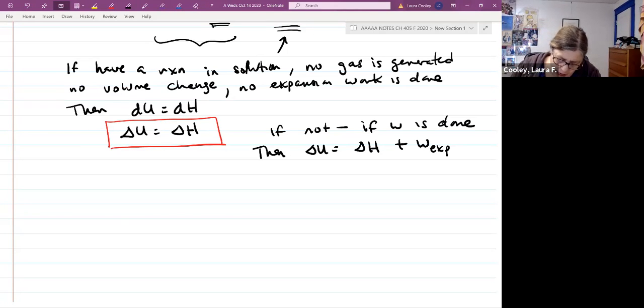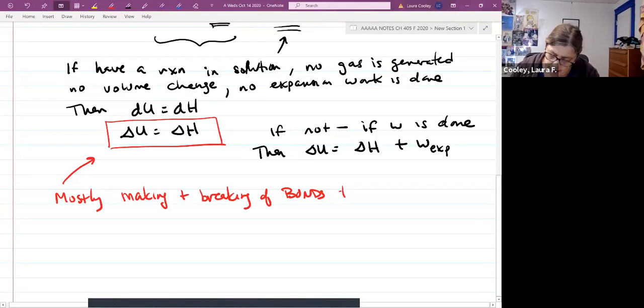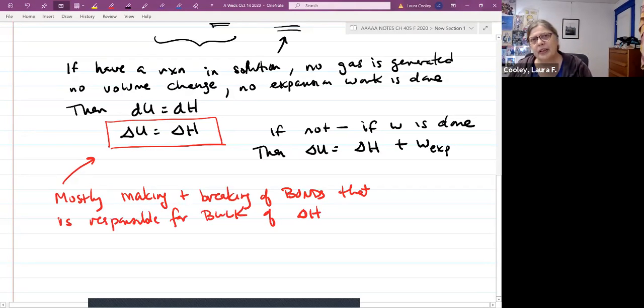So I would say that mostly it's the making and the breaking of bonds that is responsible for the bulk of the delta H and the delta U. Okay, and those things are the same. That reaction is going to have the same bonds broken and the same bonds made, and they're both contributing in the same way to the delta H and the delta U.